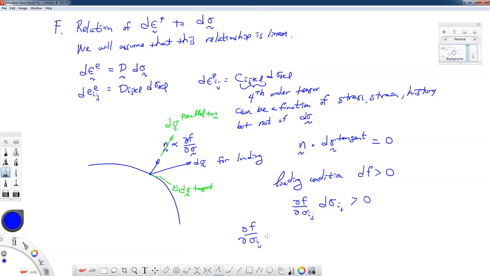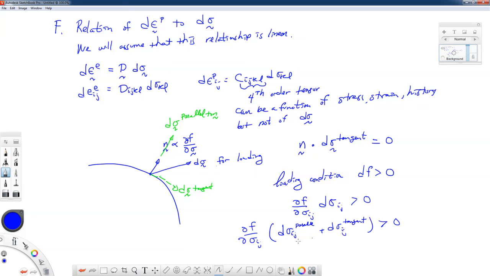And we can write this down if we want. We can say the partial f with respect to sigma ij dotted with d sigma ij parallel plus d sigma ij tangent is greater than 0.